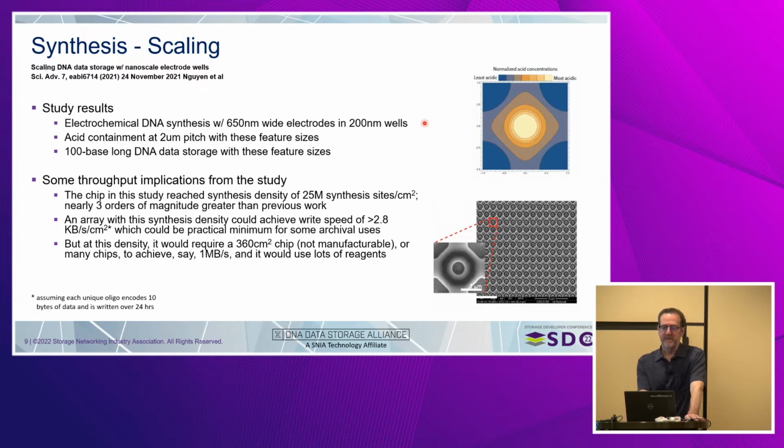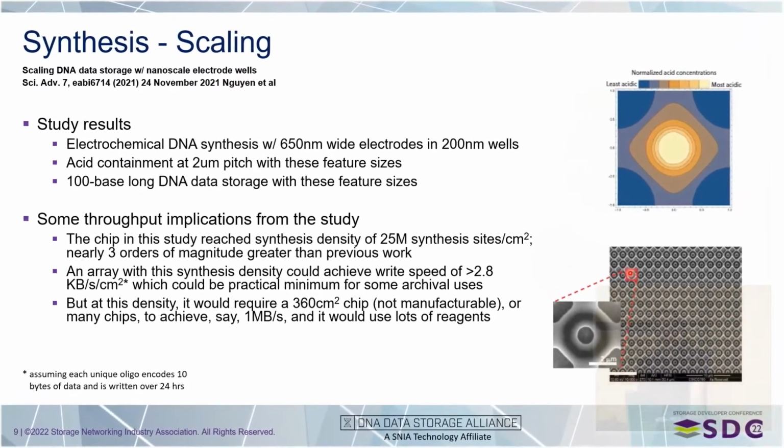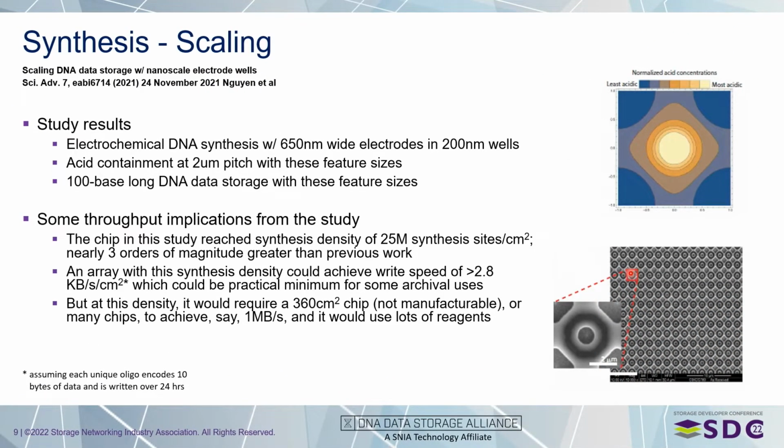They were able to contain the acid diffusion at each site. The chip they built was 2 micron pitch, and they were able to control the acid diffusion at each of these wells. That's very important because, when I showed that picture before, you took that blocker off the molecule so that you could add a new base, and if the acid diffuses too much over the array, you might affect other molecules.